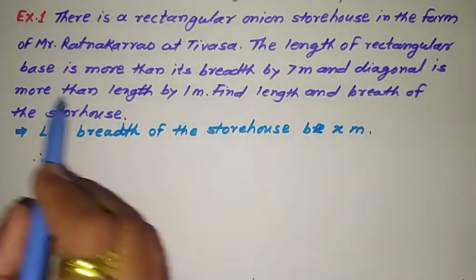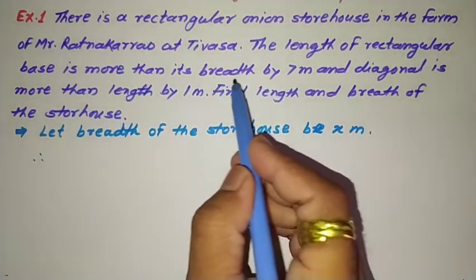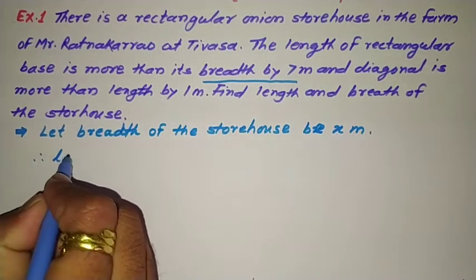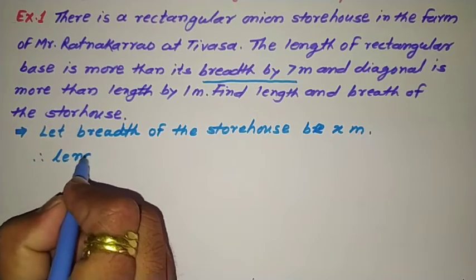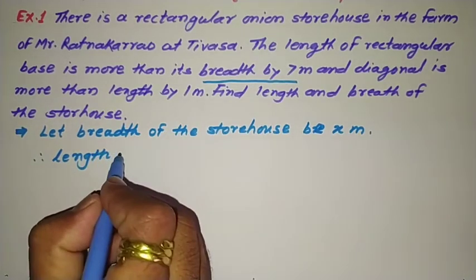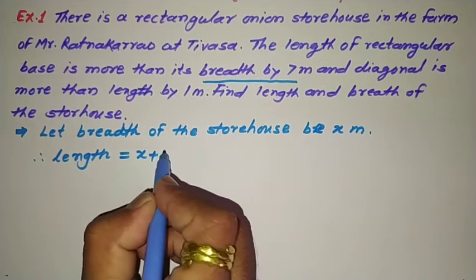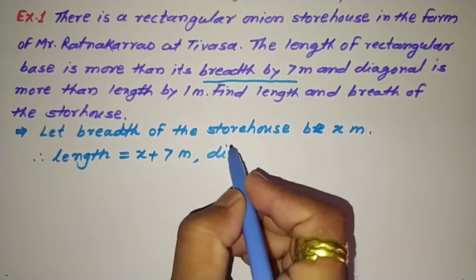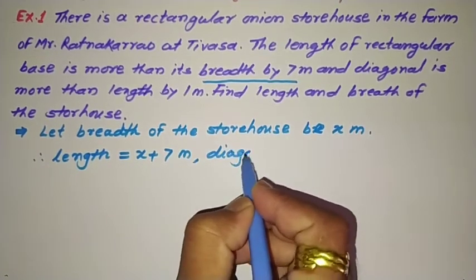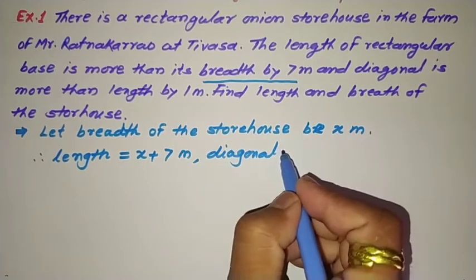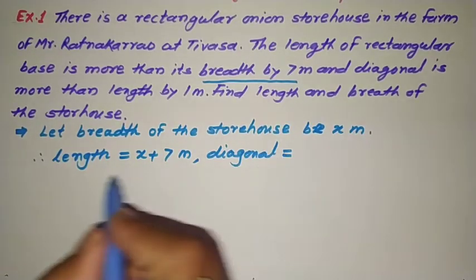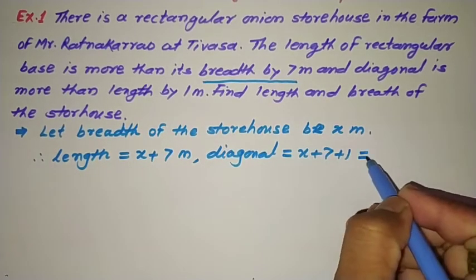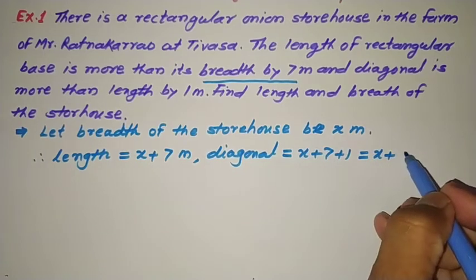The length of the rectangular base is more than its breadth by 7 meter. Therefore length is equal to x plus 7 meter, and diagonal is equal to 1 more than the length. x plus 7 plus 1 is equal to x plus 8 meter.